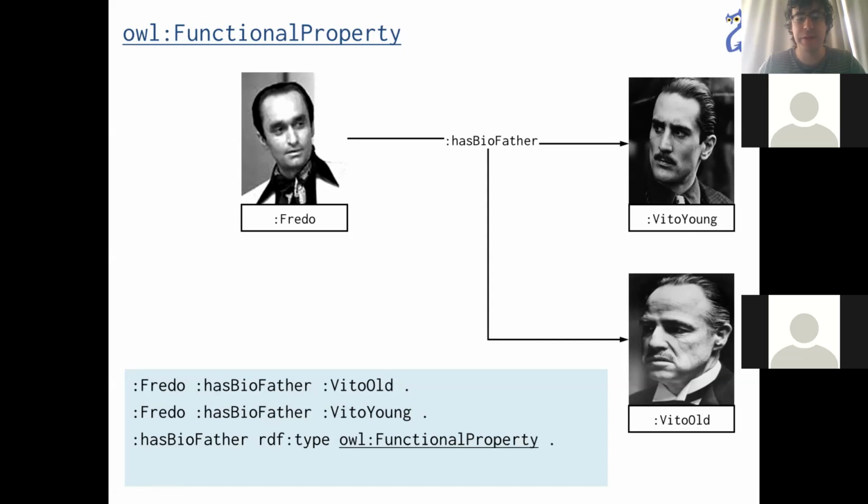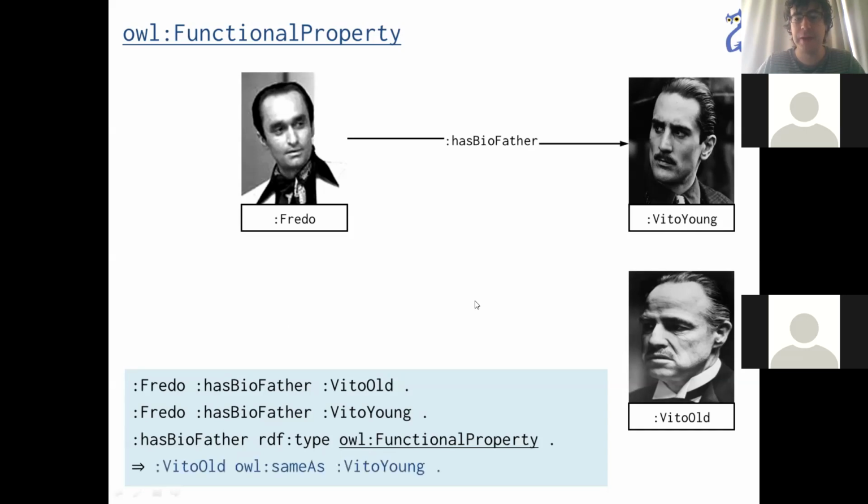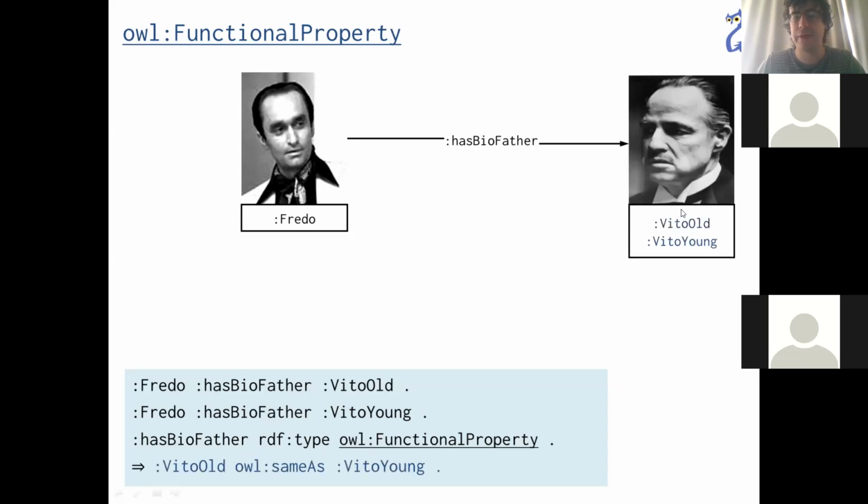If we define has biological father as being of type functional property, then we can infer that these two entities are the same, because something can have at most one value for that property.